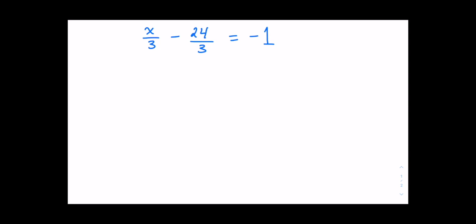So we have x over 3 minus 24 over 3, and we want to add 24 over 3 to both sides, so that we can isolate our x.